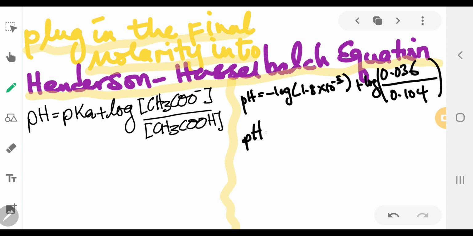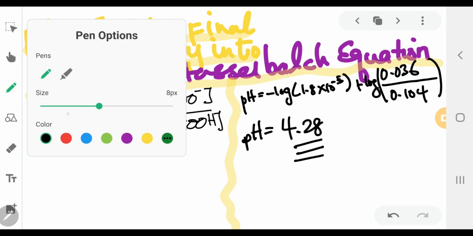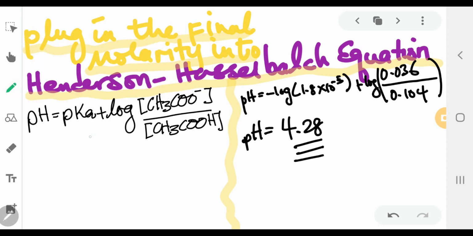So the pH is 4.28. So that is the pH after you have added a small amount of strong acid. So you get 1 mark for this, 1 mark for the Henderson-Hasselbalch equation.